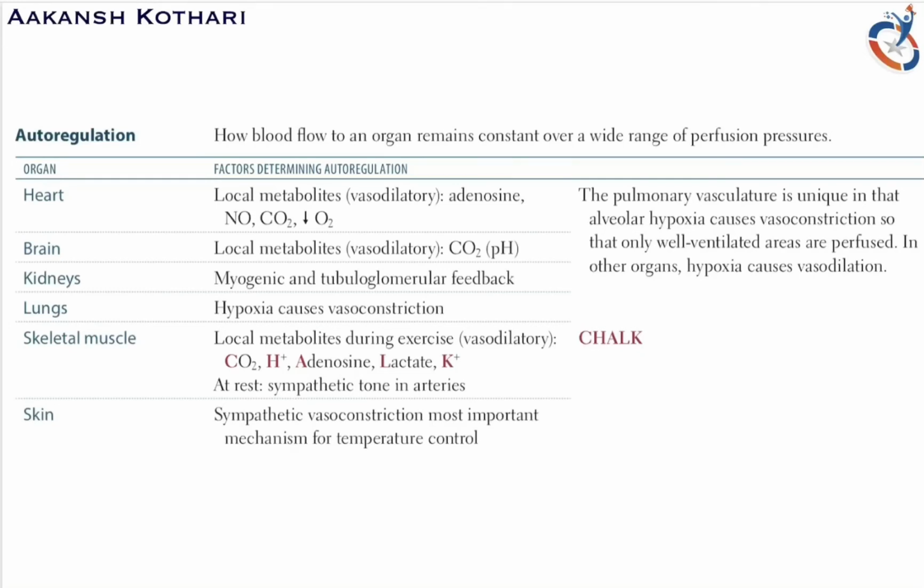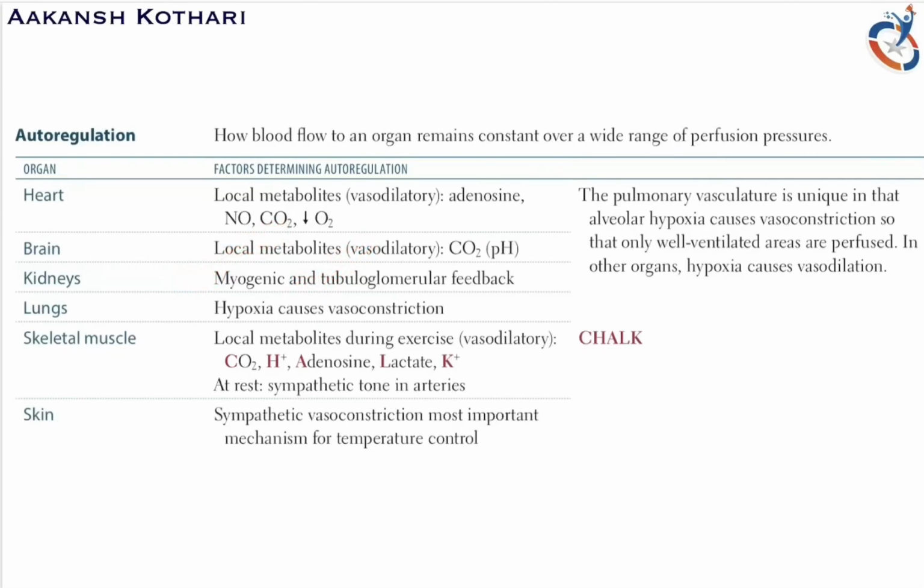Now talking about brain, it is majorly regulated by the local metabolites, that is CO2, as I've already discussed. The kidney maintains its blood flow by two mechanisms I've already discussed in the renal system, so please check that out, that is myogenic and tubuloglomerular feedback mechanism.